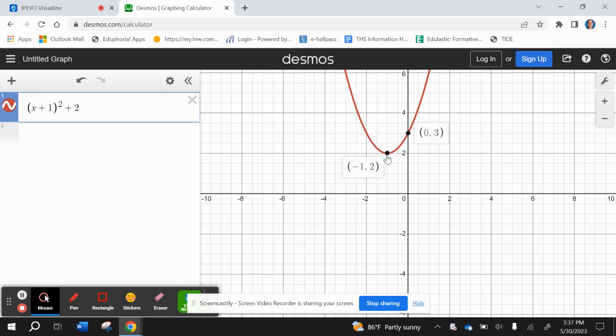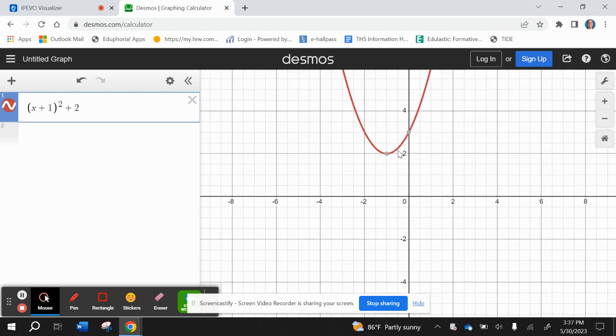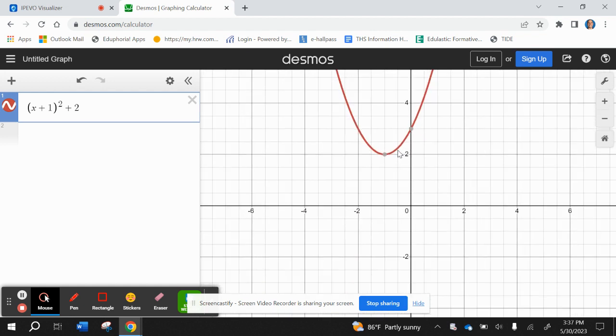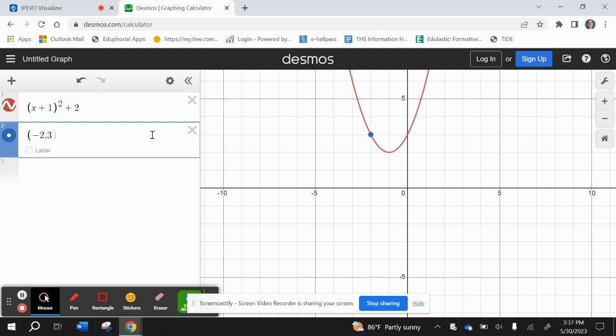So when that point doesn't click, we know that this is negative 1, 2. This is 0, 3. So we go to the right 1, up 3. So this would be negative 2, 3. So I can actually graph that point. Negative 2, 3. Okay, so we have a point to the left and right, and we can graph.